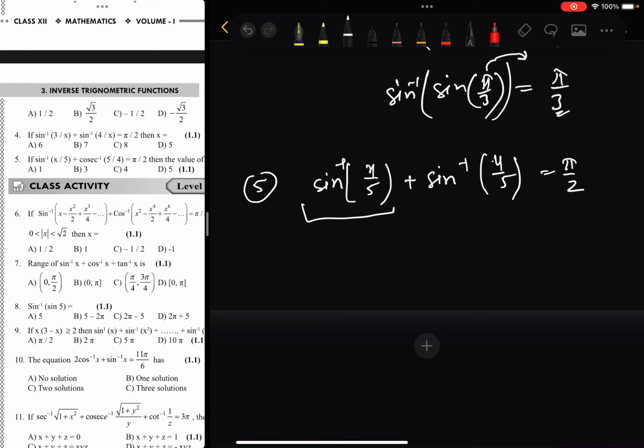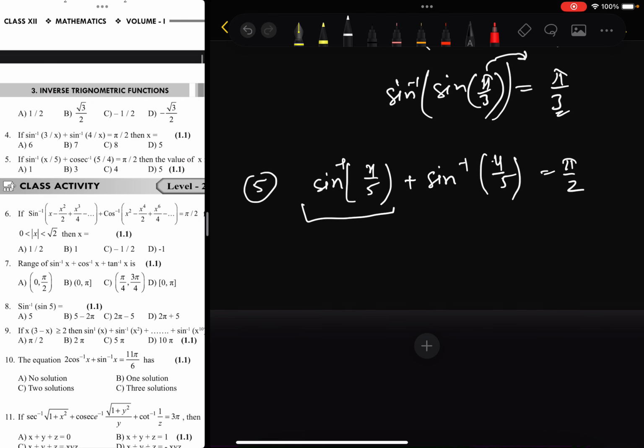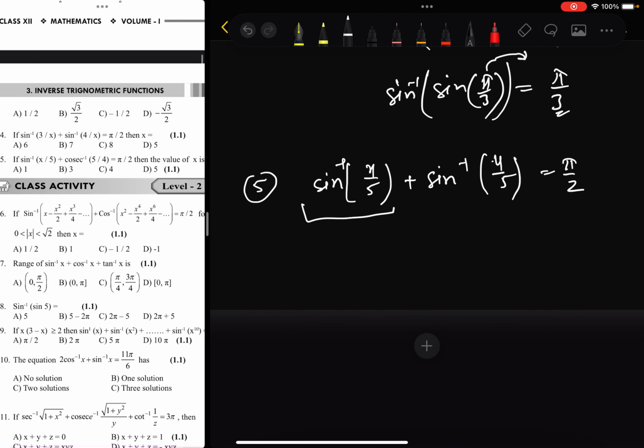If we use the formula directly, or also, I'm thinking if we can solve without using the formula, then what we can do is this. If I write this expression as pi by 2 minus sine inverse 4 by 5.